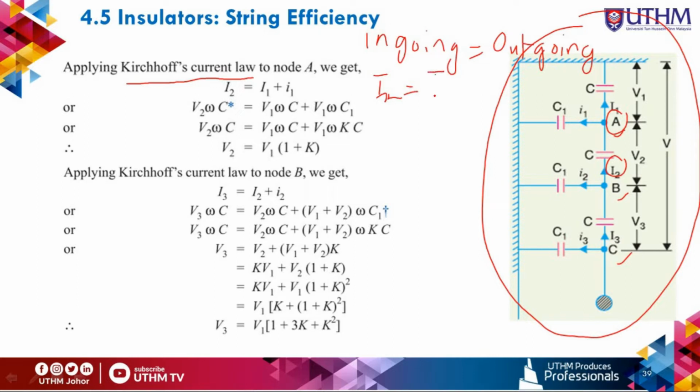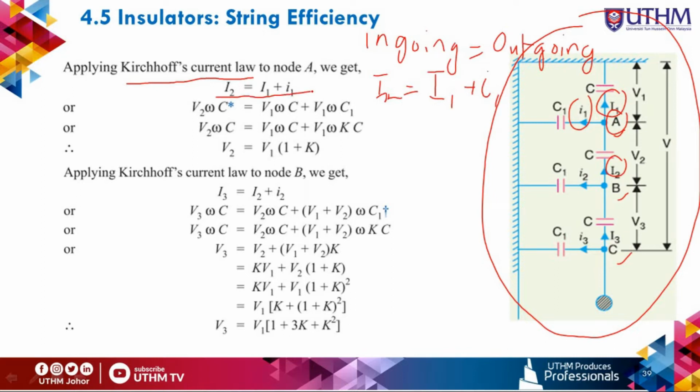From this node, the ingoing current is I2, and I2 is equivalent to the outgoing current, which is capital I1 plus small i1. So here is the equation.